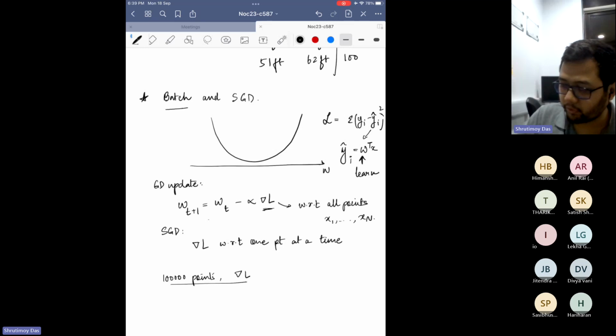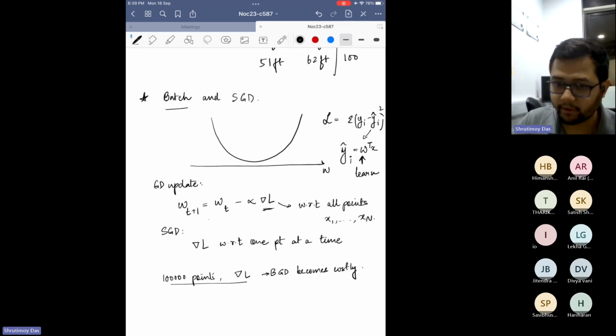So when you have a large number of points, we do not do batch gradient descent because it becomes costly. That is why we do stochastic gradient descent in that case, because you only need to compute this with respect to one point.